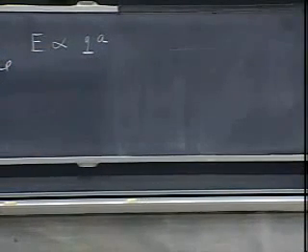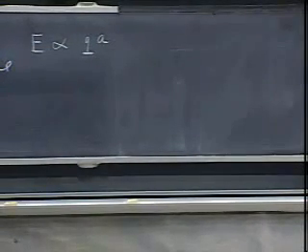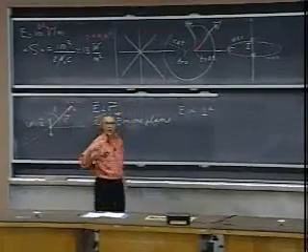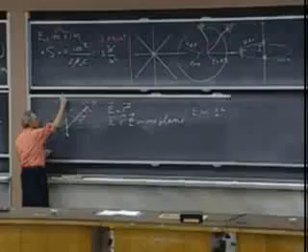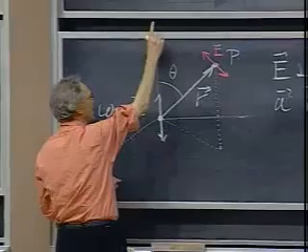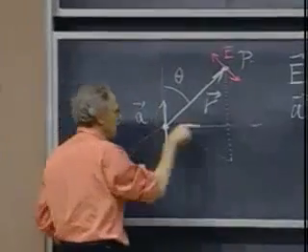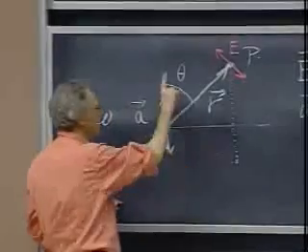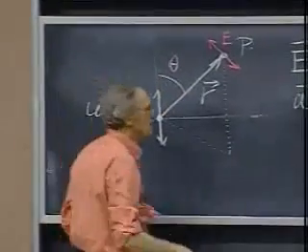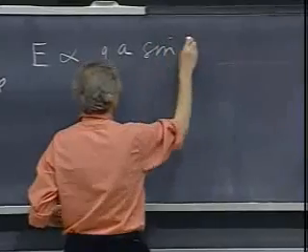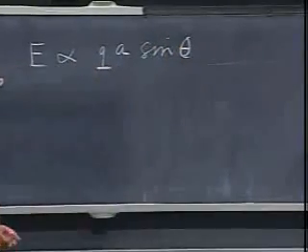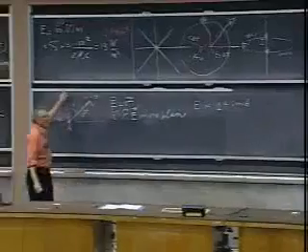And then there comes this effect that we discussed, that nothing goes out in the direction of the acceleration. No energy goes out in this direction, so no electric field is produced in this direction, and the maximum is produced in this direction, and somewhere in between, and that is then reflected by the sine of theta. If theta is 0, nothing goes out.